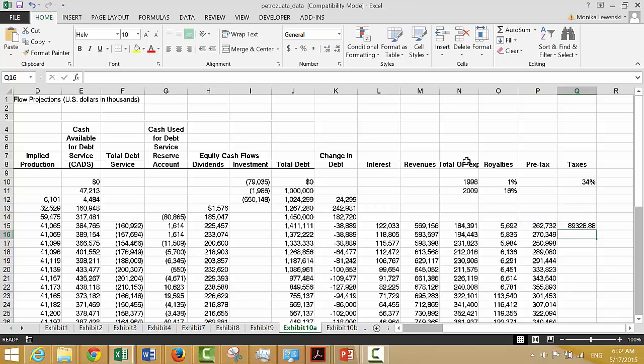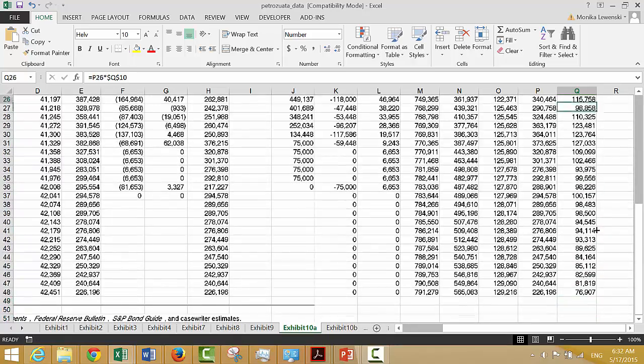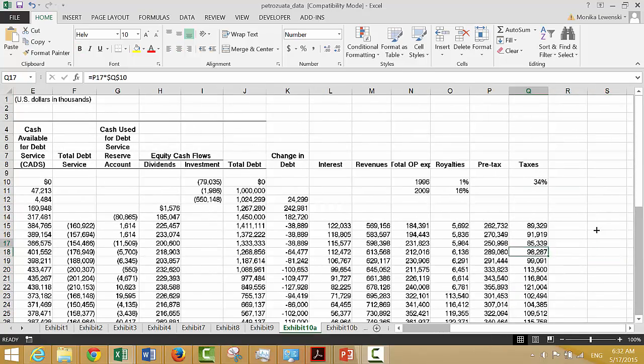F4, of course. And now we have the taxes. So we can have other O&M.